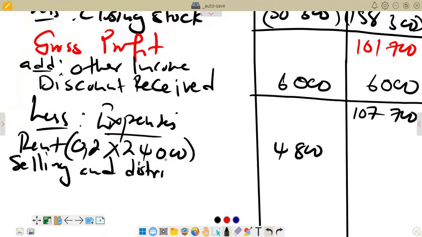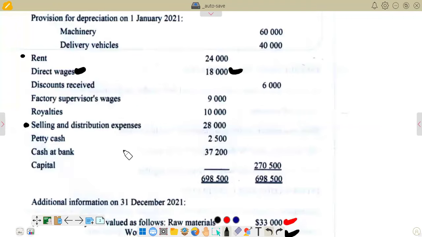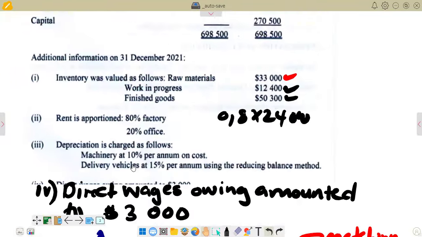Selling and distribution, 28,000. So this is what we have. Then we check again any other expense. In the list of balances, you see that we no longer have anything to do of the expenses that we are supposed to put in the income statement under less expenses. We can go to additional information.